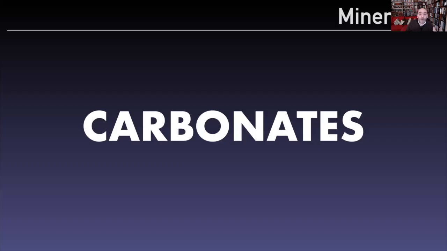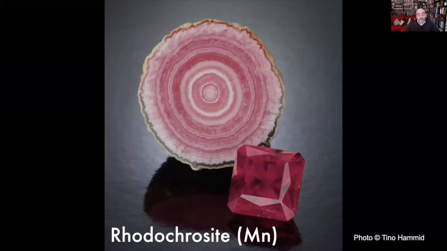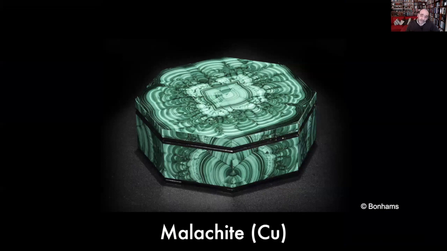mineralogists know that there are also some minerals, not only diamonds, that have carbon. And I'm going to show you just a few that can be used as gem materials: rhodochrosite, manganese carbonate, malachite, copper carbonate, calcite, calcium carbonate.